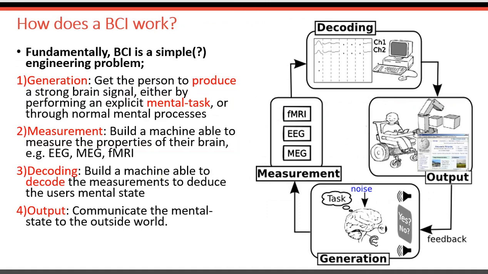How does a BCI work? It is fundamentally a simple engineering problem. We can put the different components of the entire system into 4 different parts. Here, for instance, we can take a look at the entire flow.